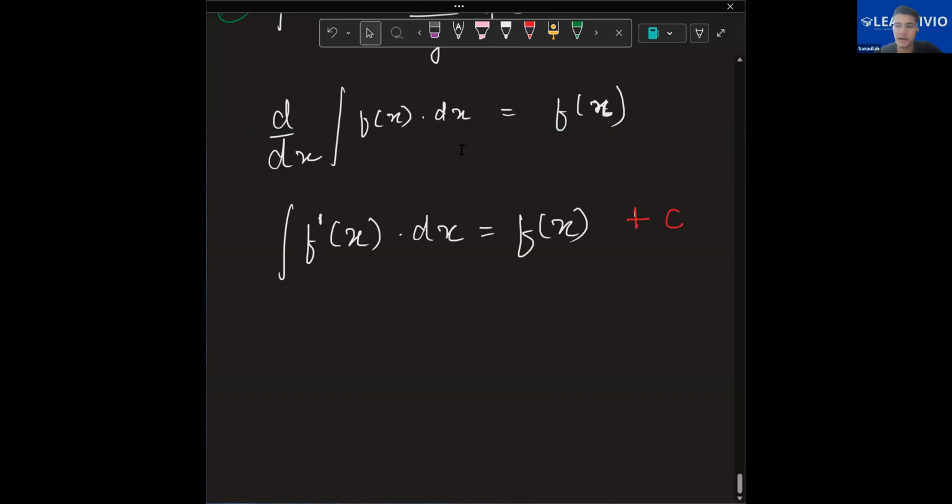When you will derivate any integral function, you will have that function as it is, but when you integrate any derivative, then you will have an arbitrary constant. As you don't have any limits, you have to write an arbitrary constant with your function. Okay?